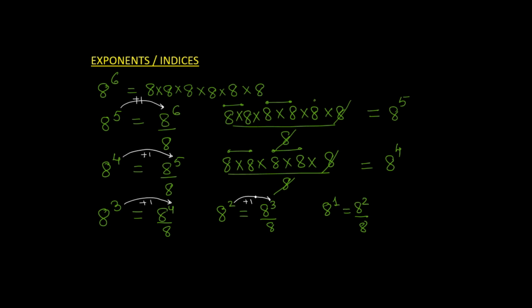So similarly, following the same pattern, we can write 8 to the power 0 as 8 to the power something which is 1 more than 0. So it is 1 divided by 8.